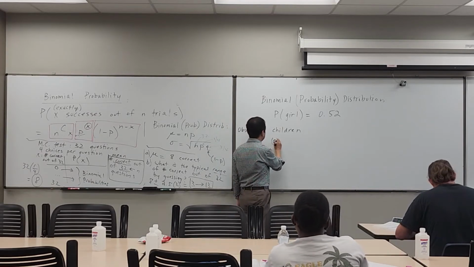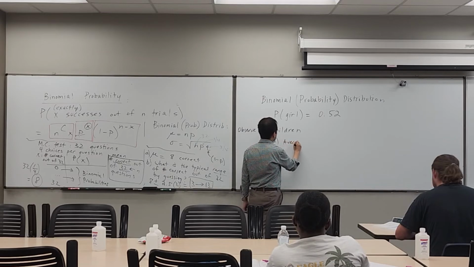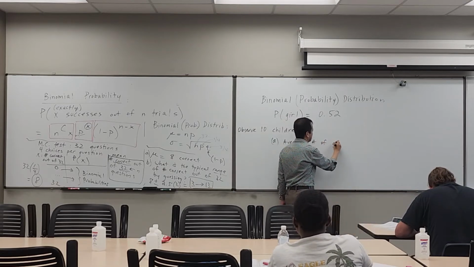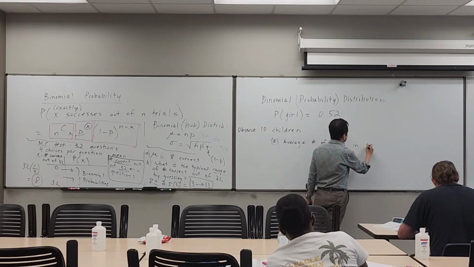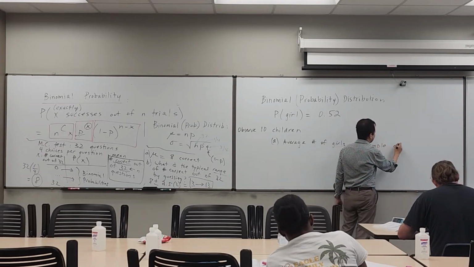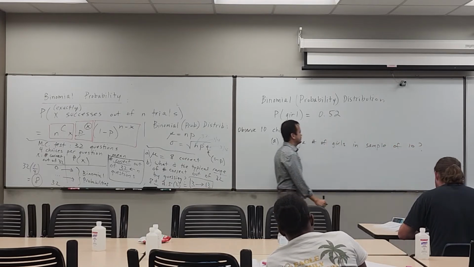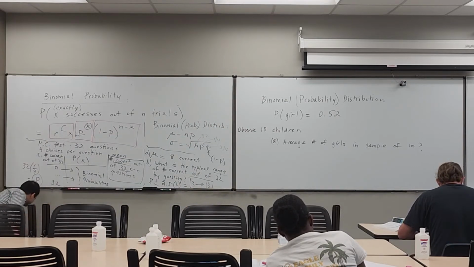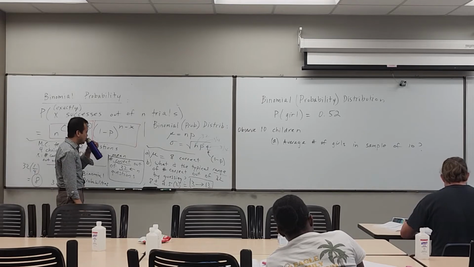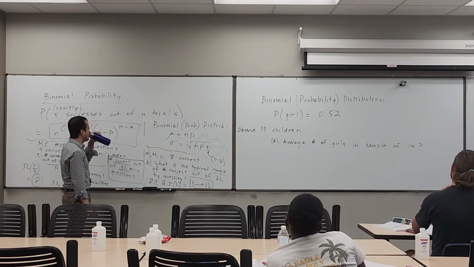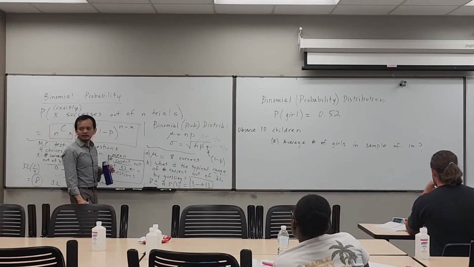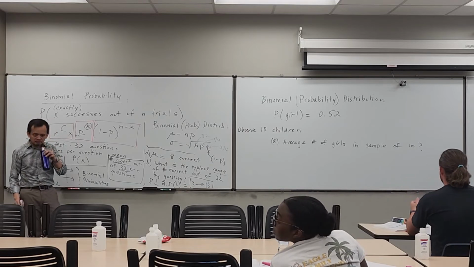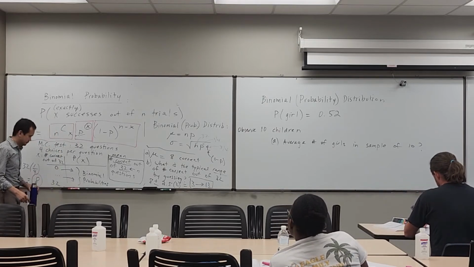So the first question is, what's the average? That would be 5, because you have n equals 10, p is 0.52.